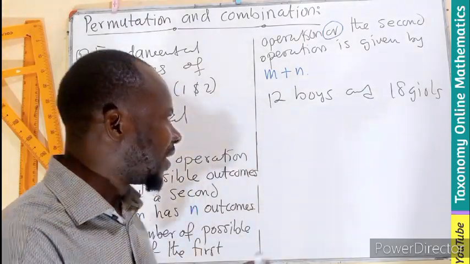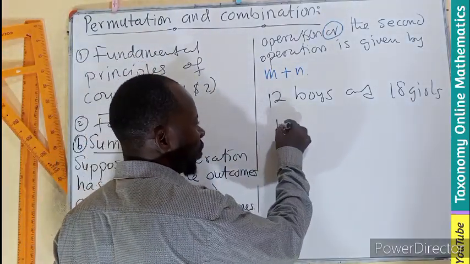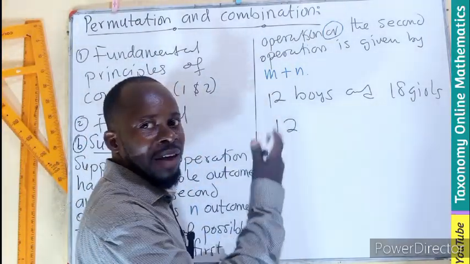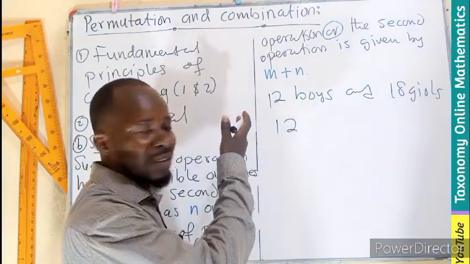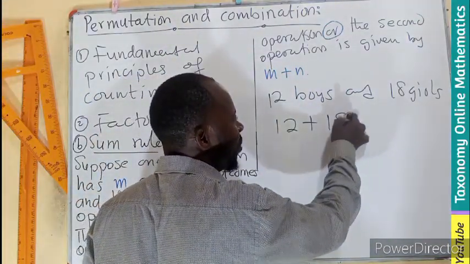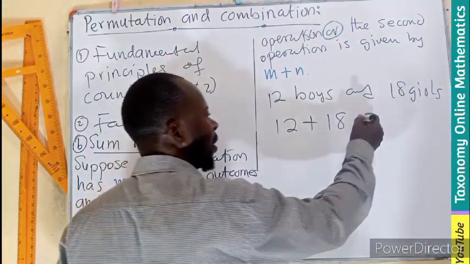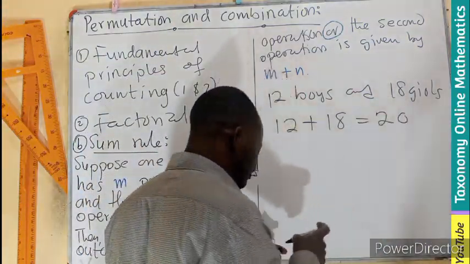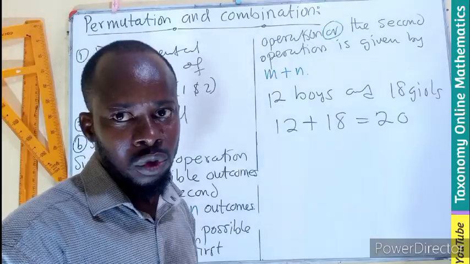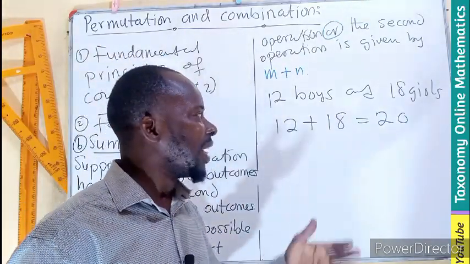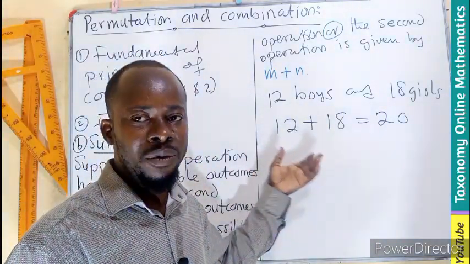So there are 12 different ways we can select a boy, and 18 different ways we can select a girl. So in total, you should be having 30 possible selections that can happen in this kind of selection.